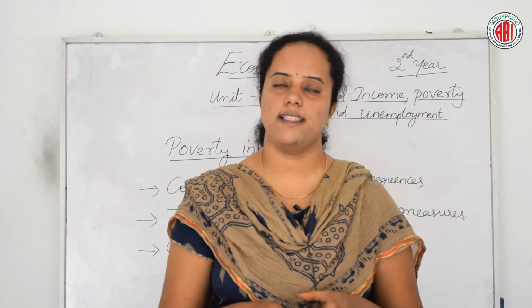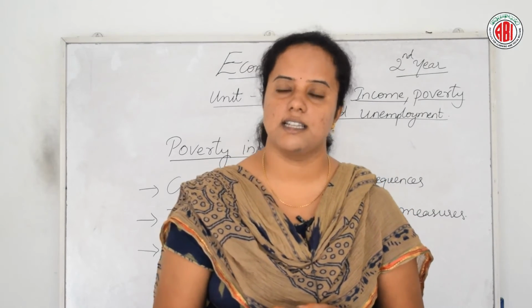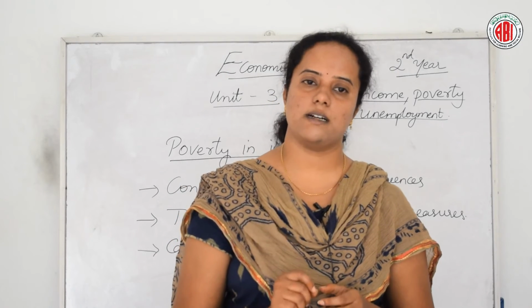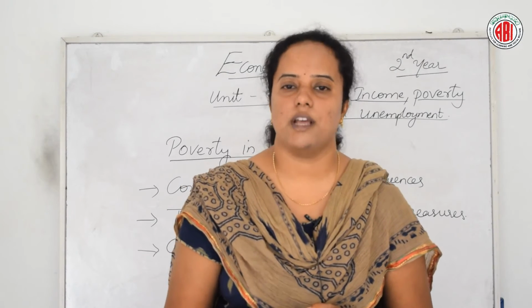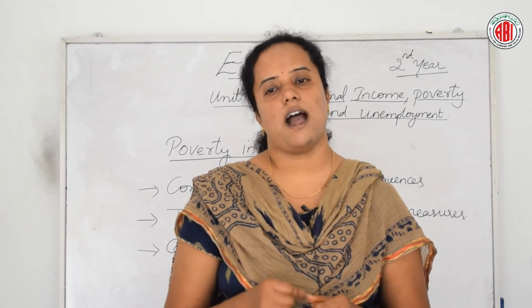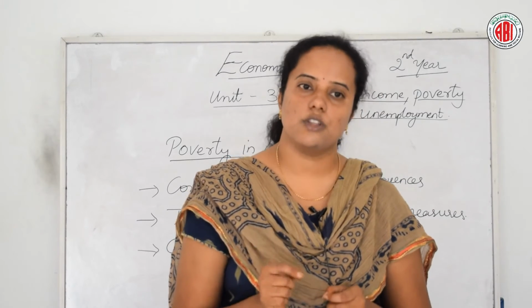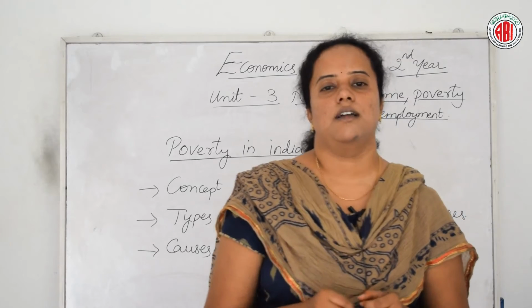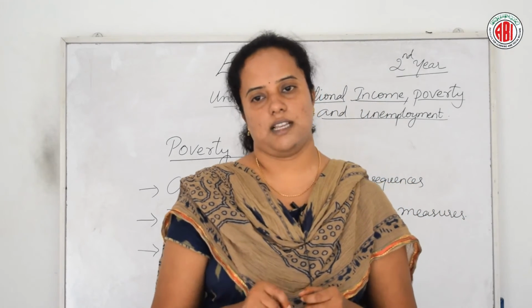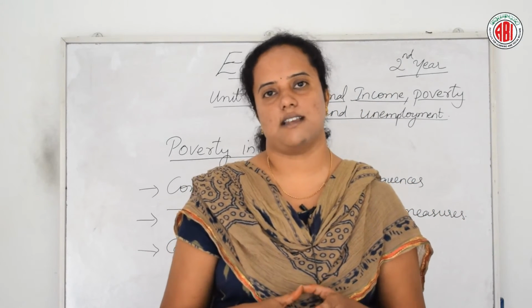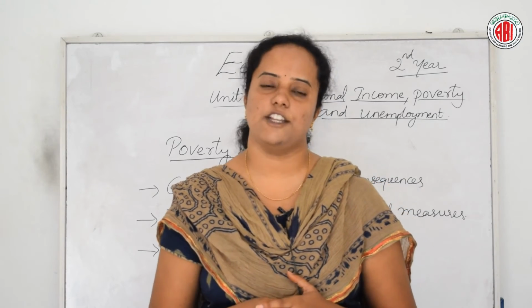So all this comes into consideration. People with lower incomes are relatively poorer compared to those with higher incomes, even though they may be living above the minimum level of subsistence. All this is considered relative poverty.